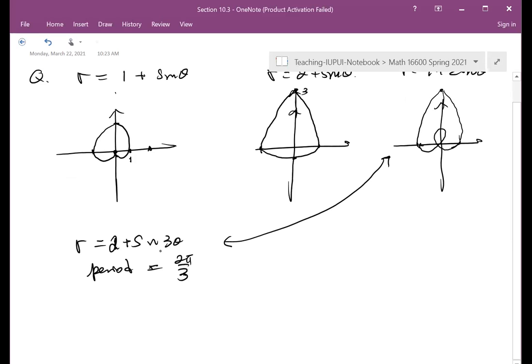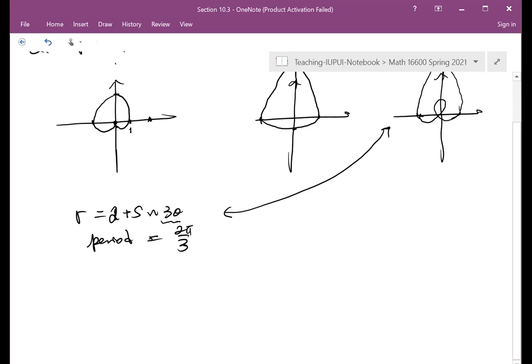You see, this increases pretty fast. When theta runs from 0 to pi over 3, you already complete the whole graph and come back, so you get repeating pictures. I'm pretty sure the picture will not be similar to that one.